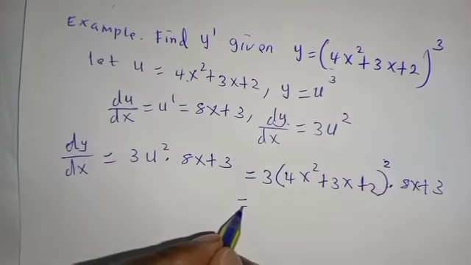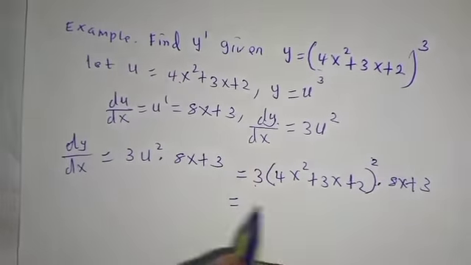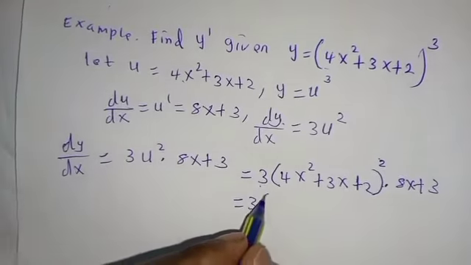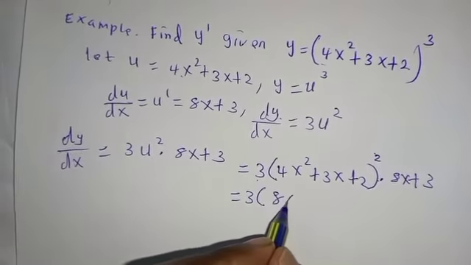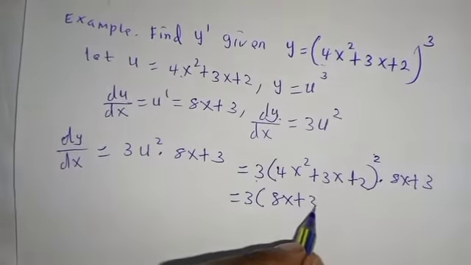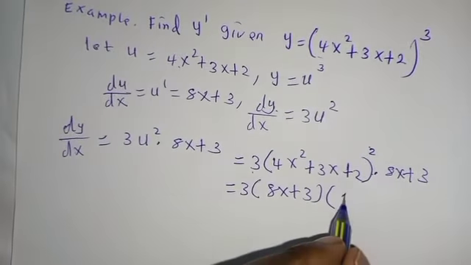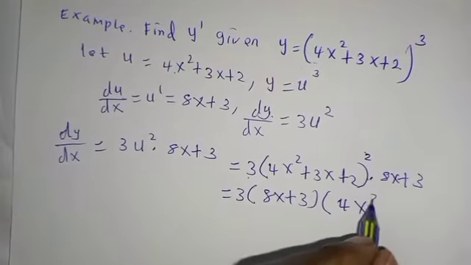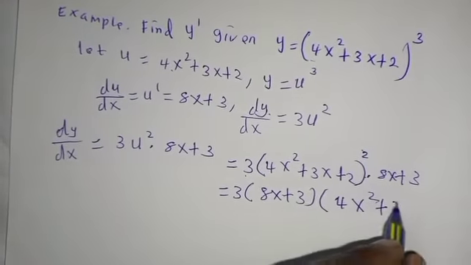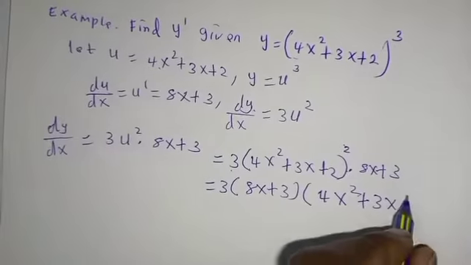This can be simplified: 3 into bracket 8x plus 3 multiplied by bracket 4x squared plus 3x plus 2, squared.